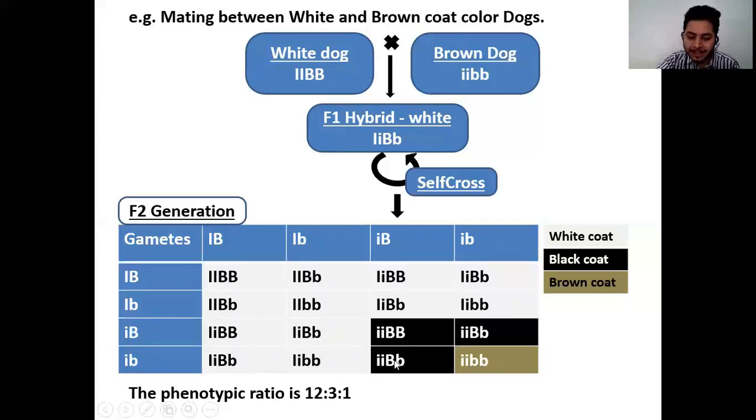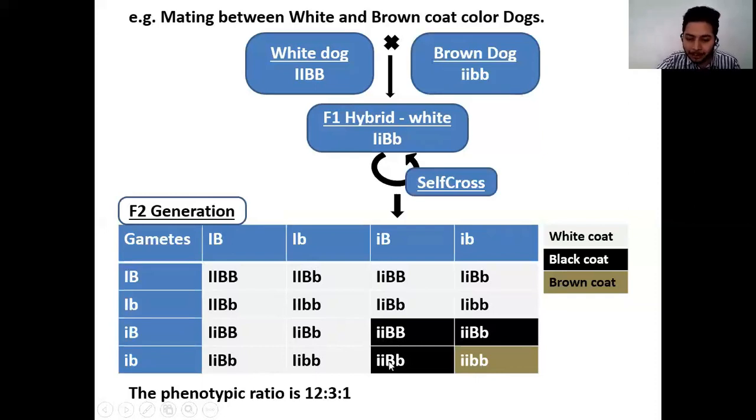Now, the second case is where the epistatic locus is expressed by small i. So therefore, now it is going to allow the expression of my hypostatic locus, because my epistatic locus is representing the recessive genotype. So now at my hypostatic locus, I have capital B in homozygous condition or in heterozygous condition.